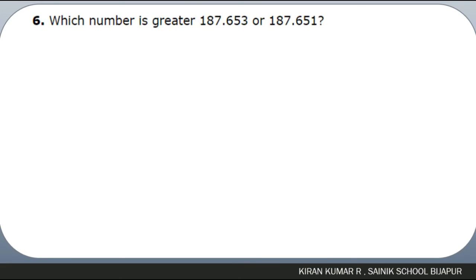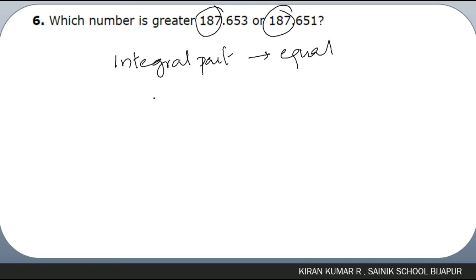Sixth question. Which number is greater among 187.653, 187.651? Here the integral parts are equal. Look at the tenths place. The digit at tenths place is 6 and 6. They are equal. Look at the hundredths place.